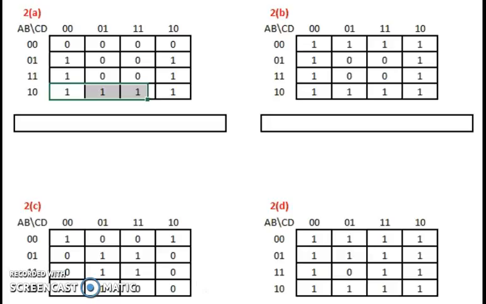Okay, question 2a. Here, as you can see, there are 1, 2, 3, 4, 5, 6, 7, 8. There are 8 ones, but you can't group them in one group. The maximum number of ones that you can group in each group here is only 4, which is this first one. So this one will be the first group.